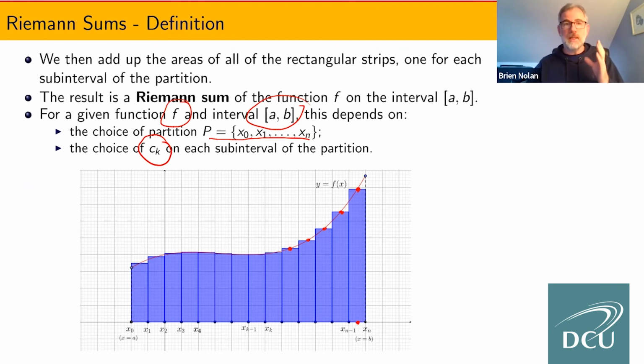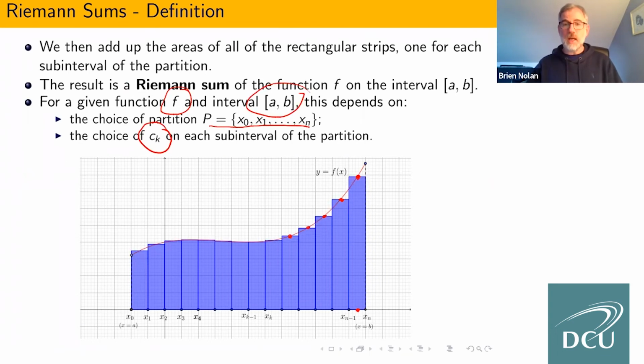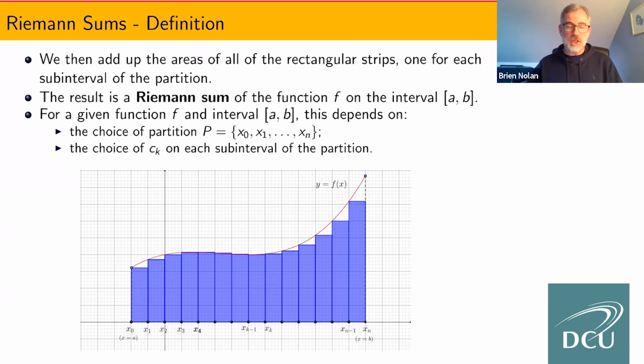But they're all fundamentally that same thing, just adding up areas of rectangles that touch the graph. So here's a different choice of ck. In the second example, I've used the same partition, but I'm using different ck. You can perhaps see that I've used the ck that makes the rectangle touch the graph at the left.